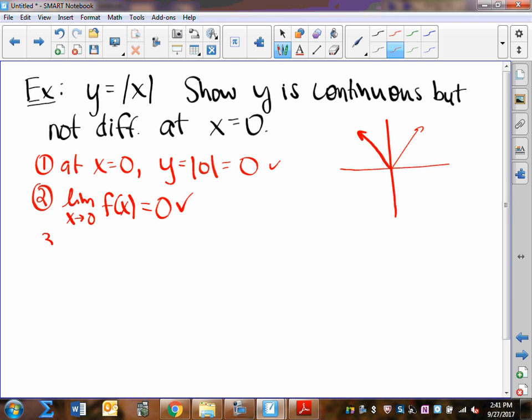Looky there. So we have x equals 0, y equals 0, which is the same as my limit. So the function's continuous.